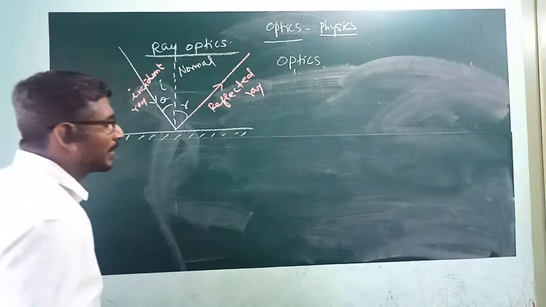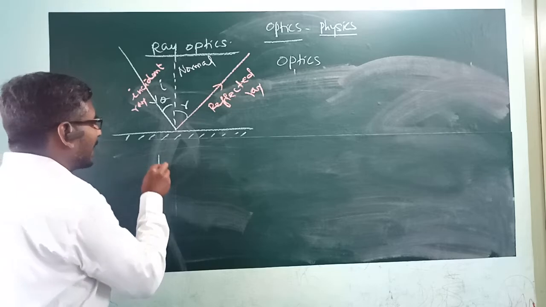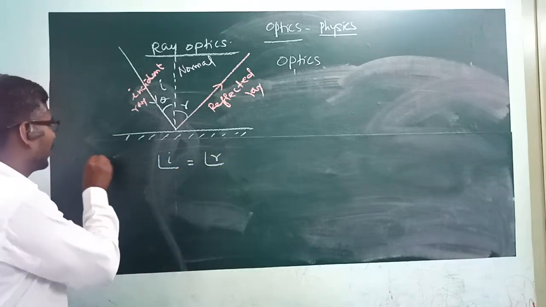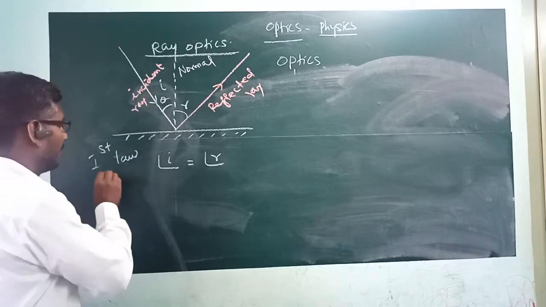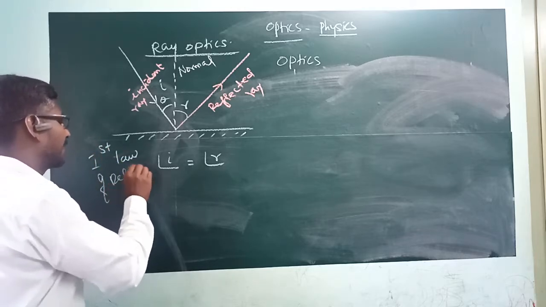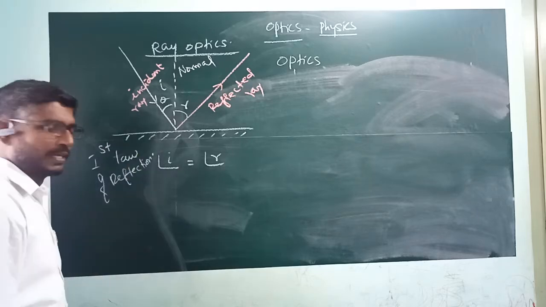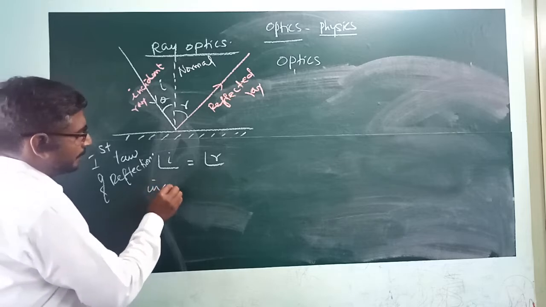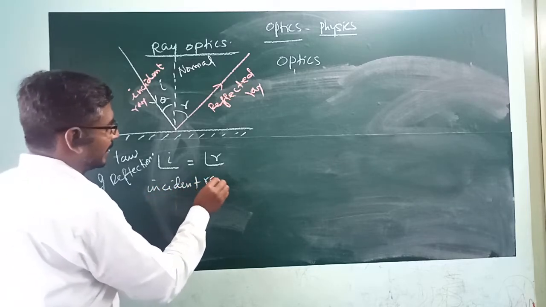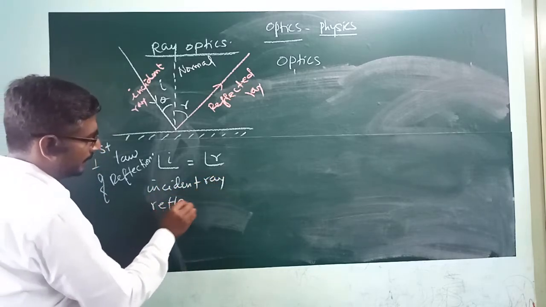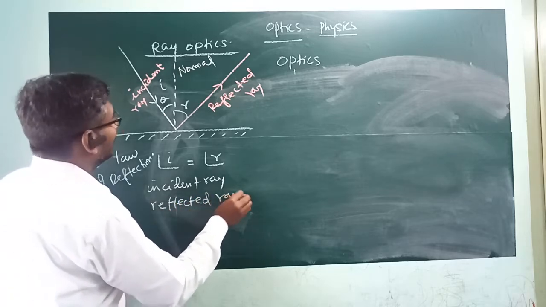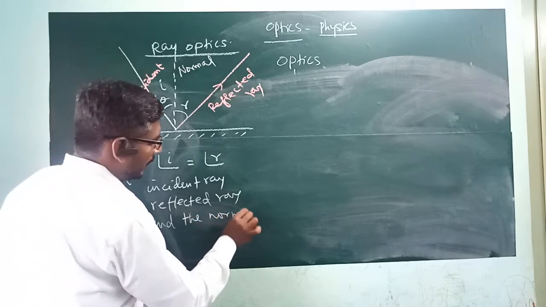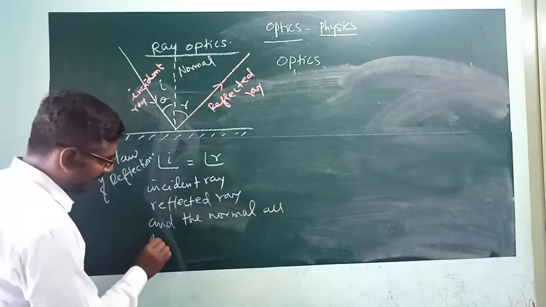So from this, you can form a formula. You can say the angle of incidence I is equal to the angle of reflection, which is your first law of reflection. The first law of reflection is a very basic fundamental of all the concepts that you are going to learn. The second thing is that the incident ray, the reflected ray, and the normal all lie on the same plane.